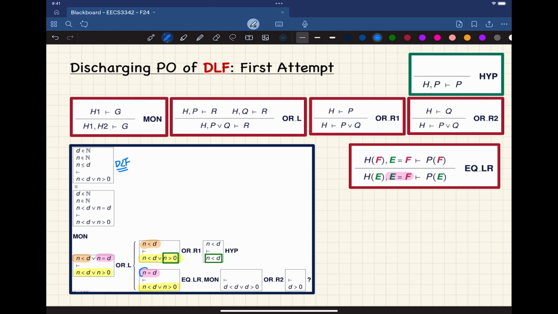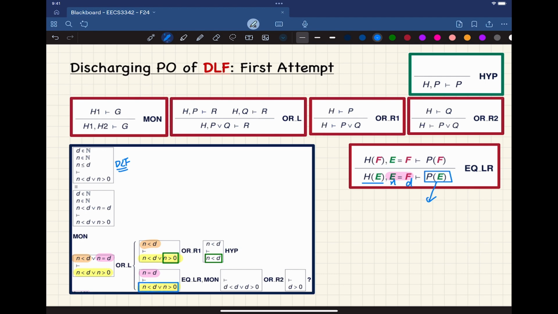N here is the E. D here is the F. All right? Let me write a little bit better. N is here, and D is over here. And there's no more hypothesis. You can think about H(E) is empty. But what about this guy over here? That's a P of E. That one here is really the expression over here.